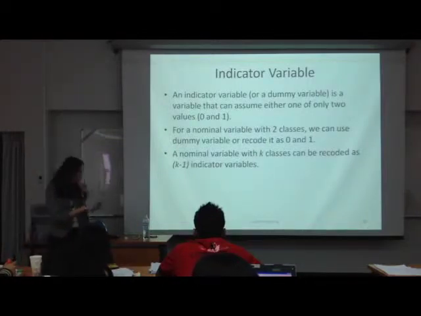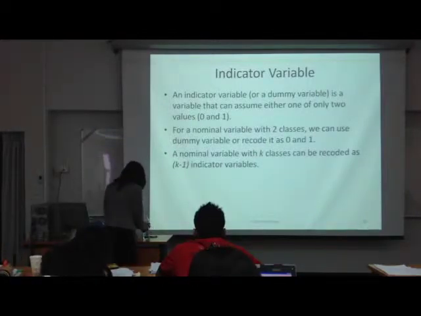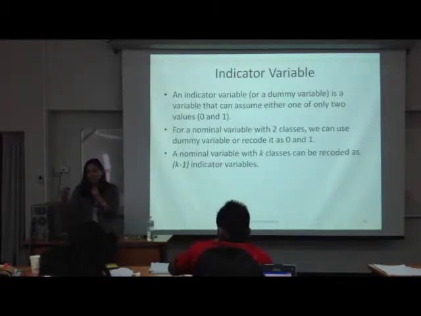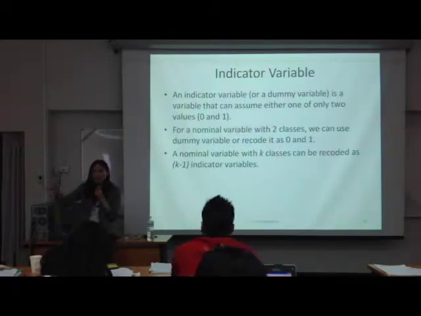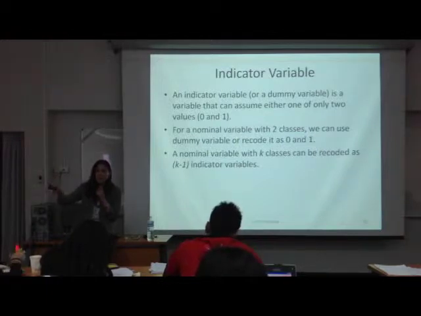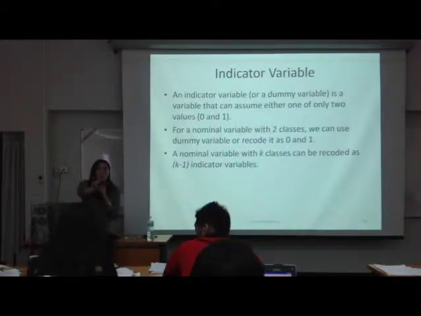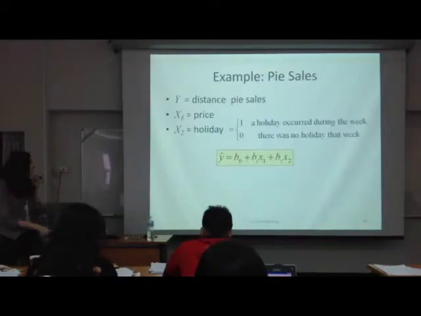For example, suppose in college, there are freshman, sophomore, junior, and senior. So there are 4 classes. But when you define dummy variables, you need only 3 dummy variables. It's always k minus 1. Okay?